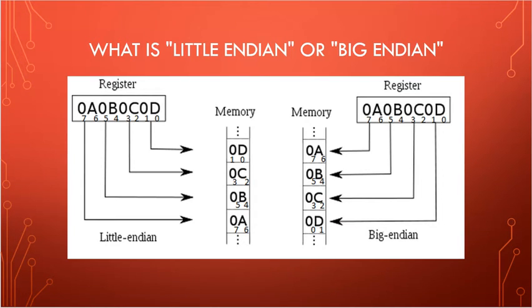In Big Endian, the most significant byte is stored first, and the rest of the bytes are stored in decreasing significance order, leaving the byte and bit with the least significance in the last place. On the other side, Little Endian stores the least significant byte in the first location and goes on storing in order of increasing significance, with the most significant byte stored last.